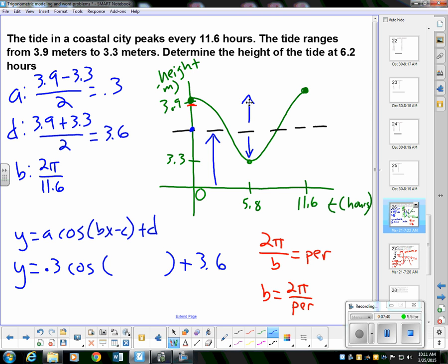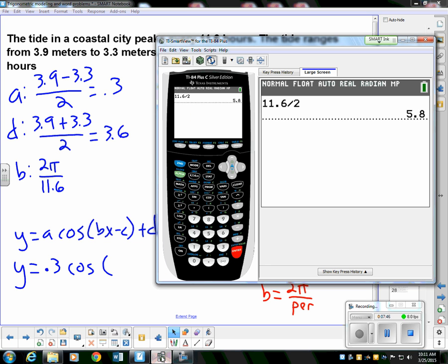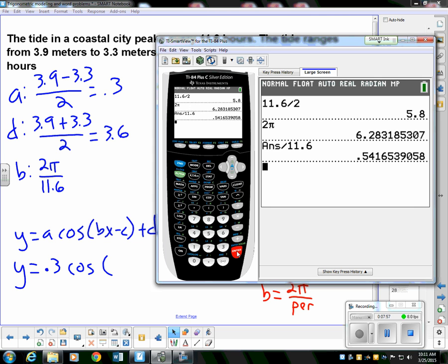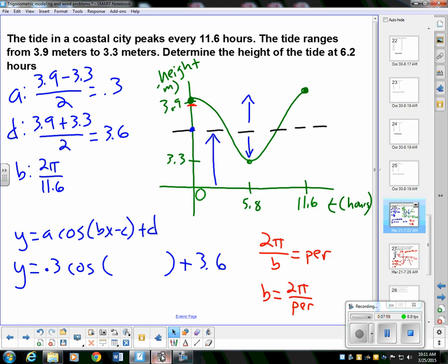We can leave it as 2 pi over 11.6, or go to the calculator and do 2 pi divided by 11.6. That's 0.542 rounded. I'm going to use the decimal here.